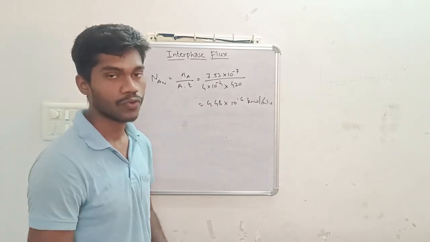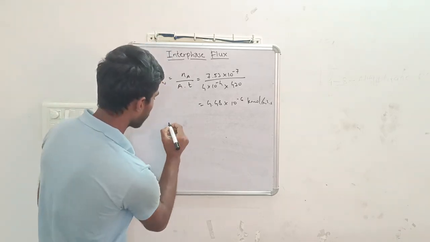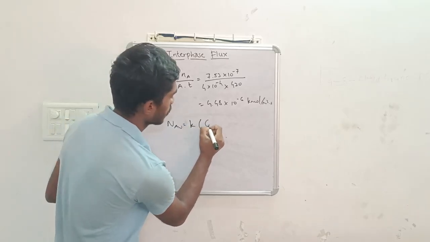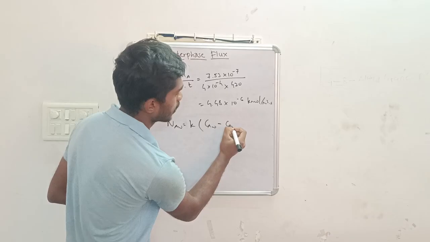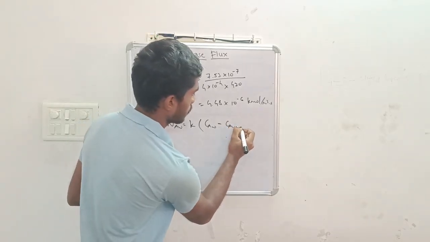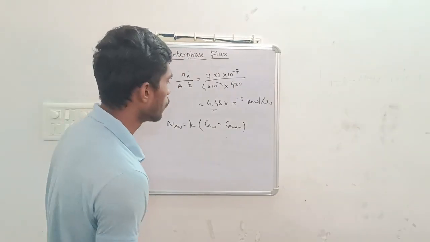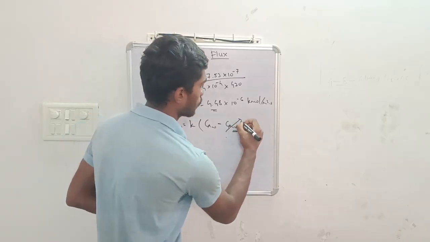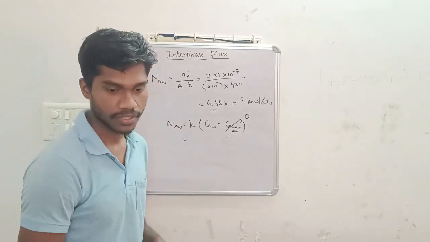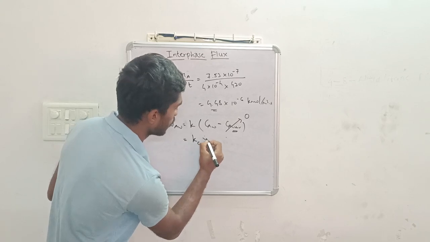Now we will move to calculate the mass transfer coefficient. As we know, NAW equals mass transfer coefficient into CAW minus CA in air. We know that CA in air will be 0 because the initial concentration of ethanol in air is 0. So this will be equal to Kc, the mass transfer coefficient, into CAW.